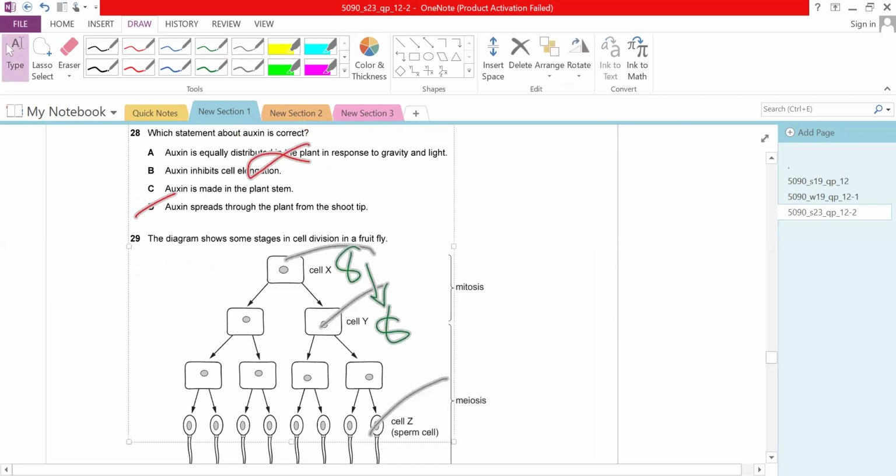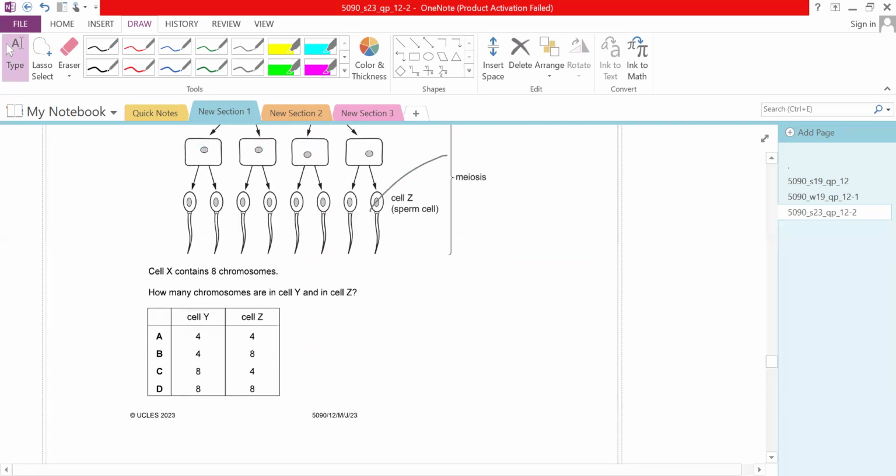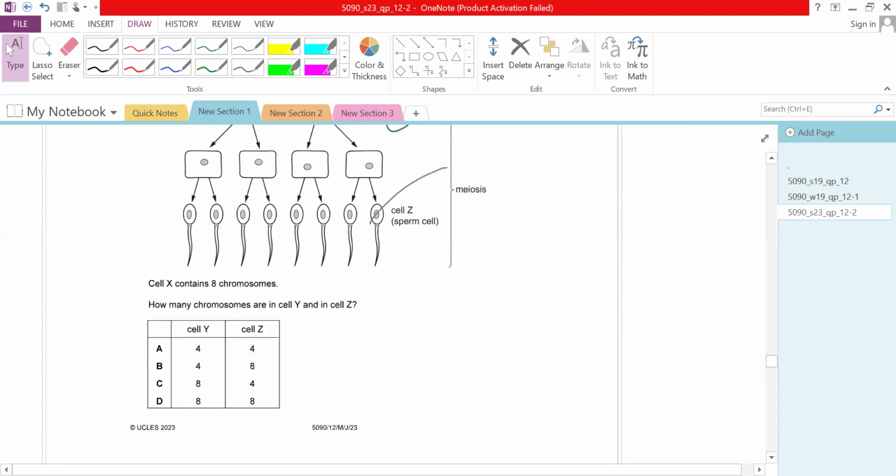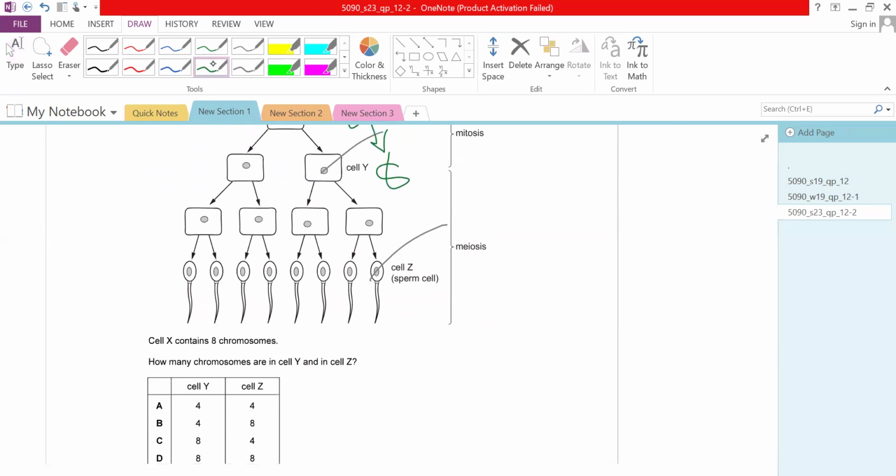Now through meiosis, cell Z is produced. Reduction division occurs, and the number of chromosomes gets halved from 8 to 4. So cell Z will have 4 chromosomes, however cell Y will have 8 chromosomes. So the correct option for question number 29 is C.